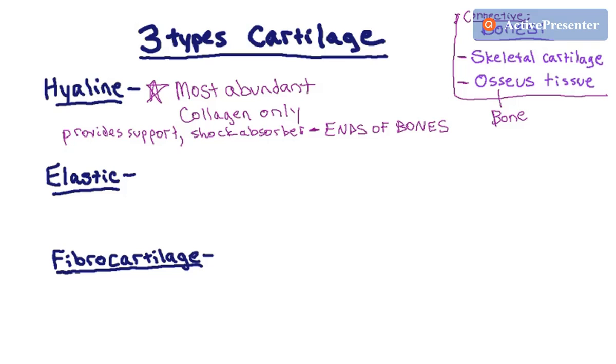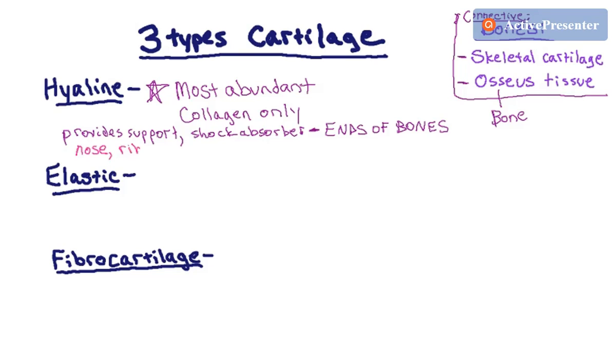Now, the hyaline cartilage makes up your nose. The hyaline cartilage is in all of your bones, but you also want to just particularly pay attention to the fact that your nose is cartilage. It's not really mostly bone.